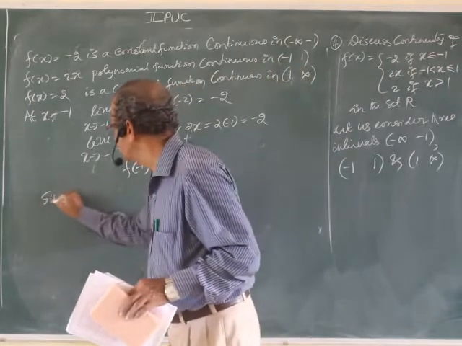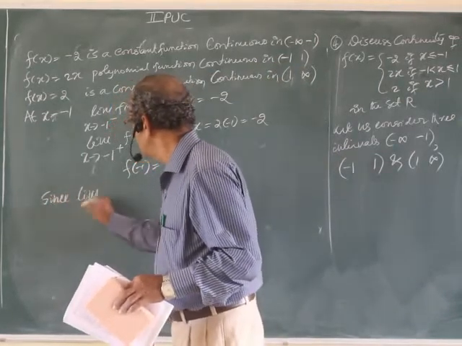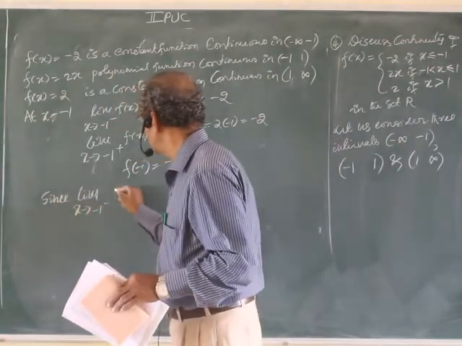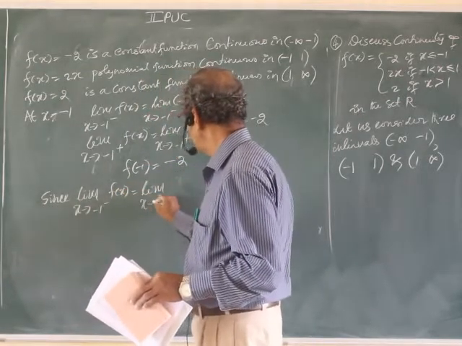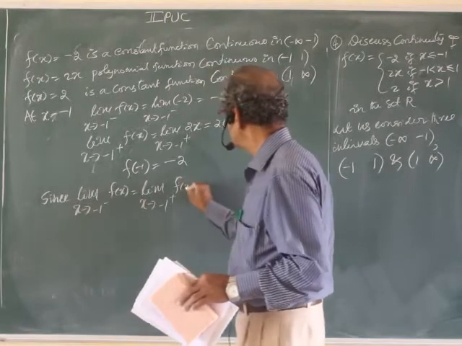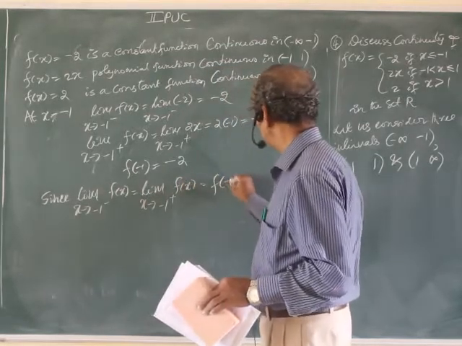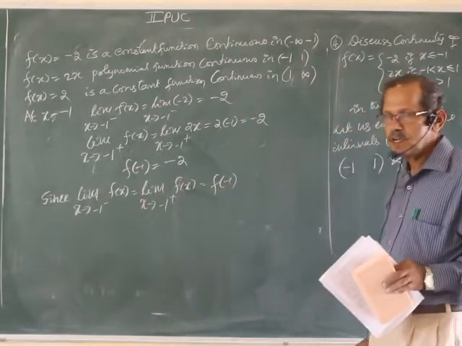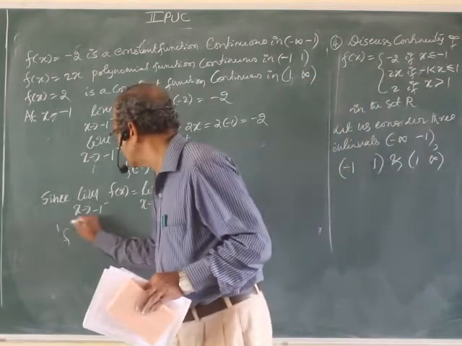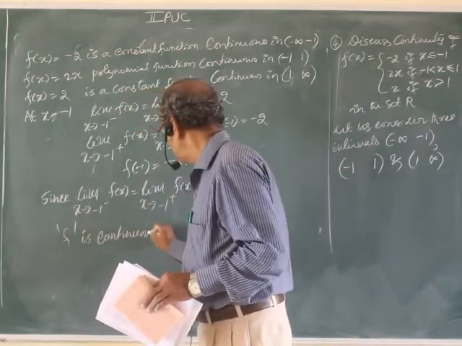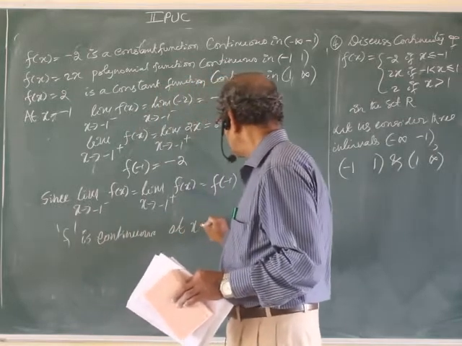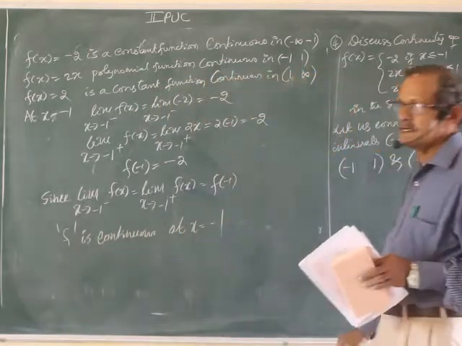Since the left limit, right limit and the value of the function at -1 are equal, f is continuous at x equal to -1.